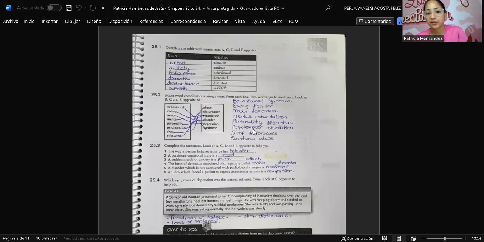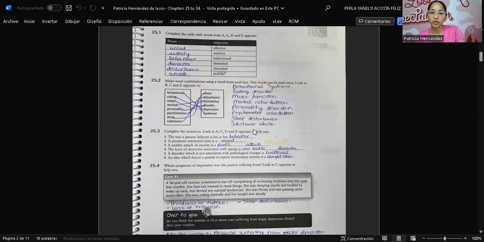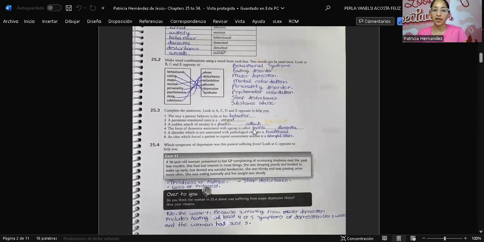Affect, affective. Anxiety, anxious. Behavior, behavioral. Dementia, demented. Disturbance, disturbed. And suicide, suicidal.